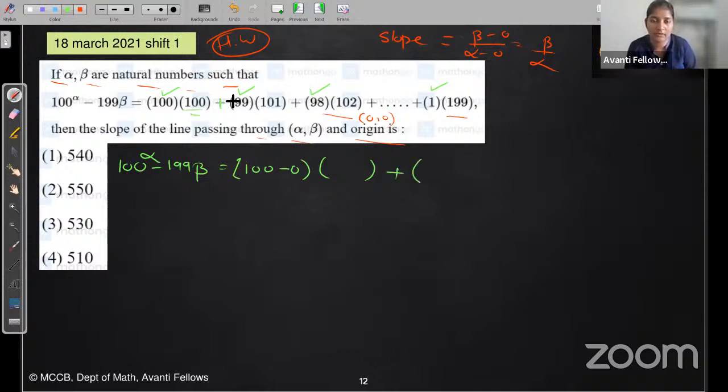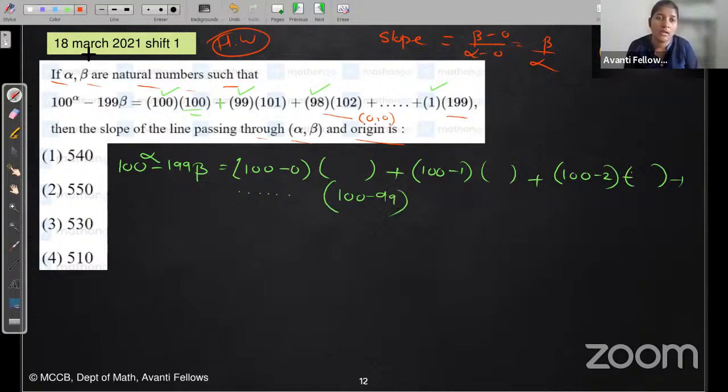But first, let's finish this first term. It's 99. I can write as 100 minus 1, right? Plus, similarly, I can write the third term as 100 minus 2. Correct? Plus so on up to 1. So it can be written as 100 minus 99, right? Correct?